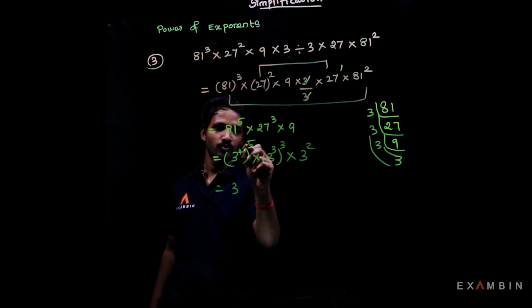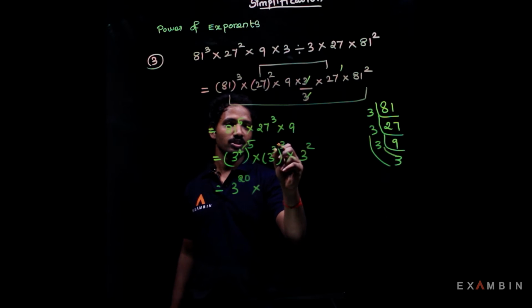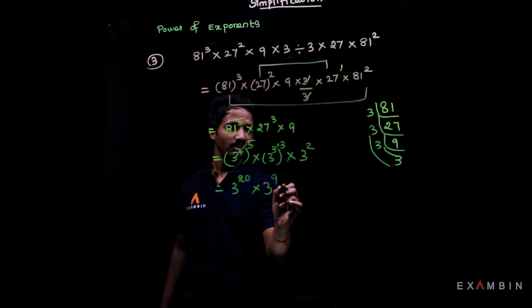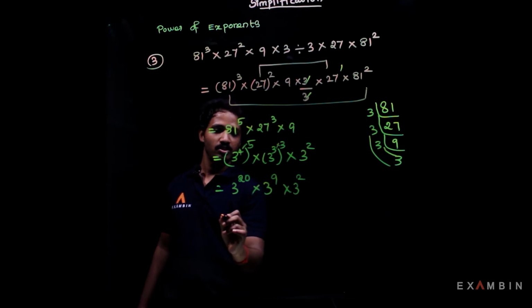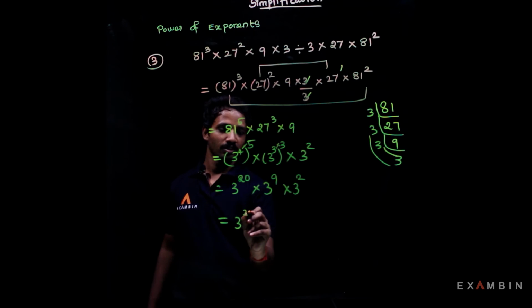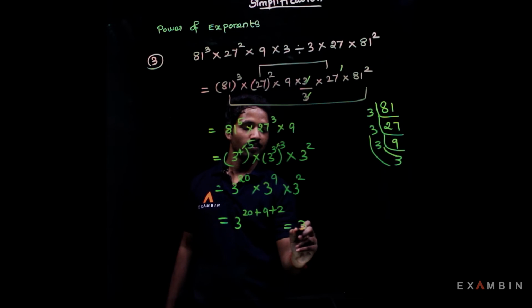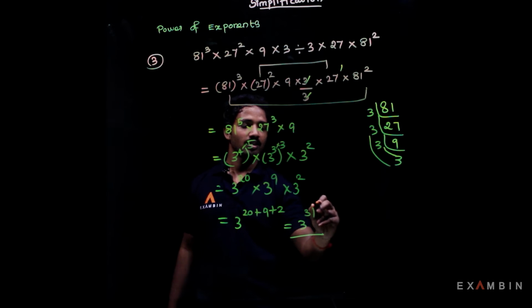So 4 into 5 is 20, 3 into 3 is 9, and 3 square. So we can add all the power values: 20 plus 9 plus 2 is equal to 3 power 31. This is the answer.